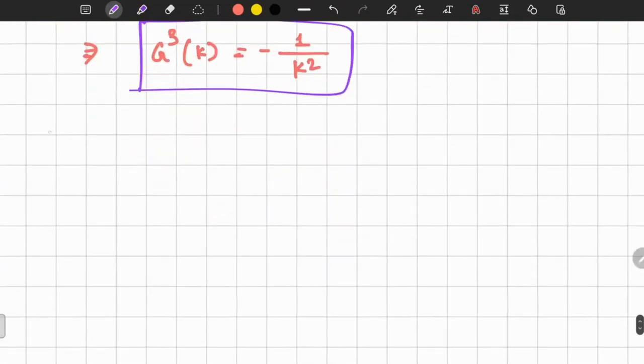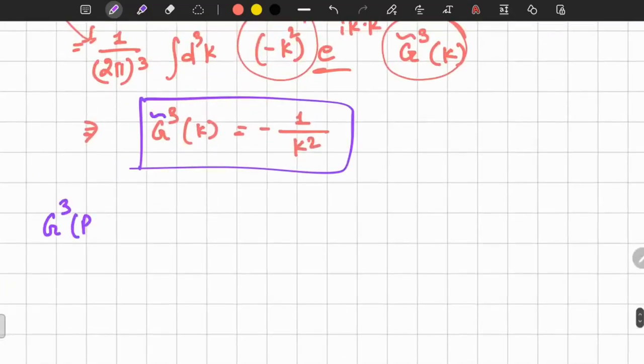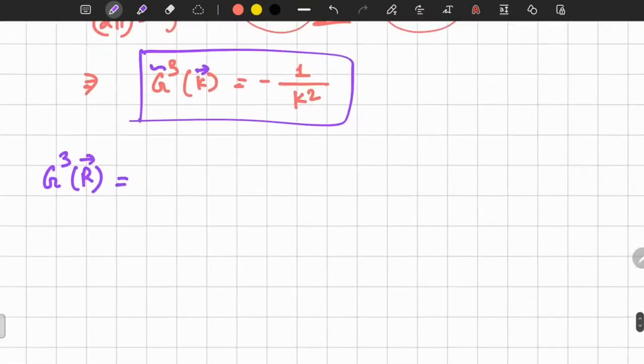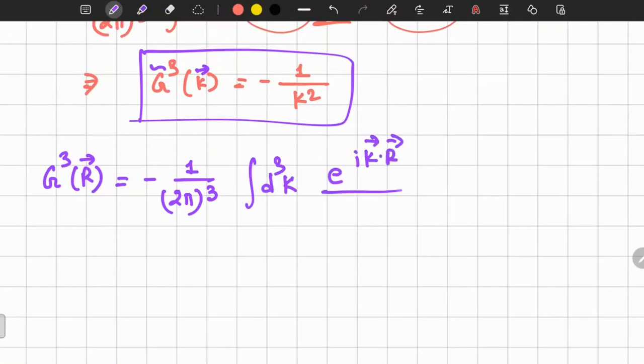Now easily we can shift it to the r space. I'm missing the vector sign, so it is always a vector. Okay. Now this will be 1 by (2 pi) cube, integration e to the power i k r divided by k square.